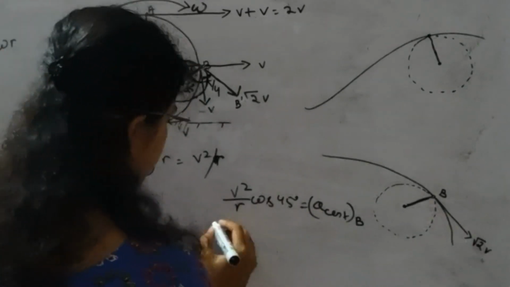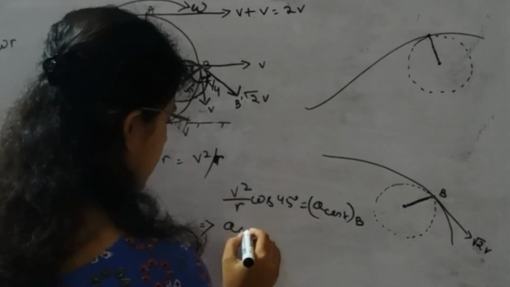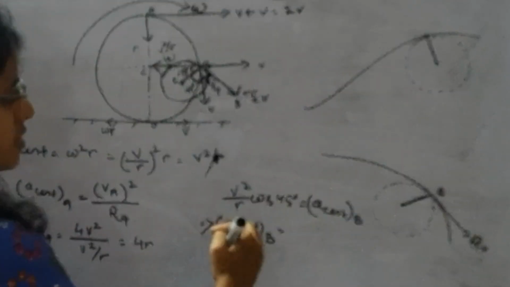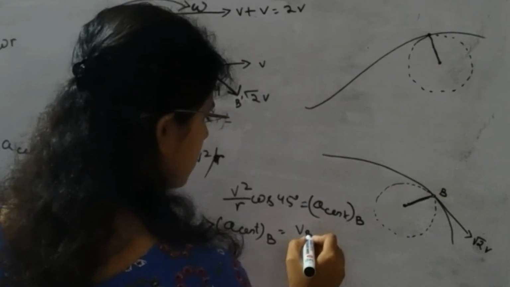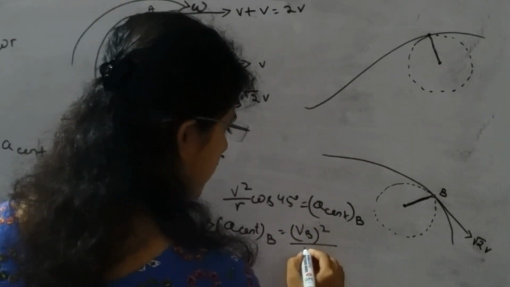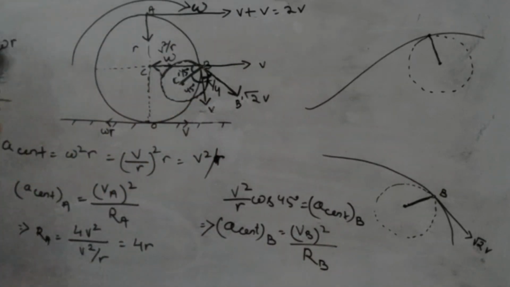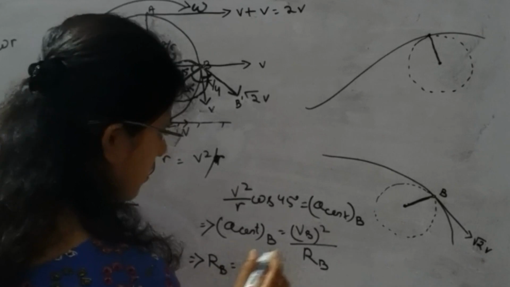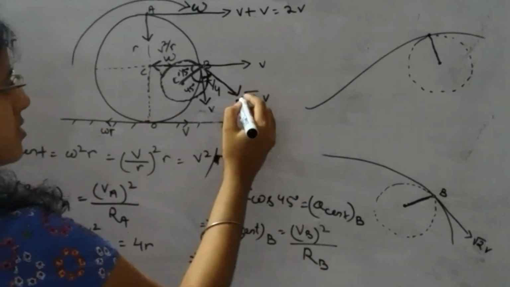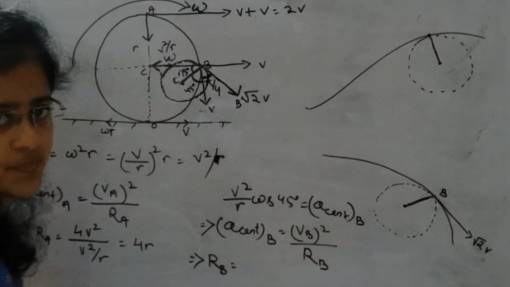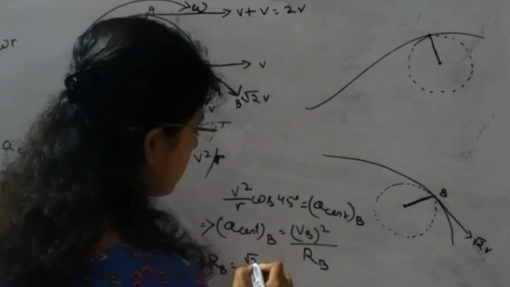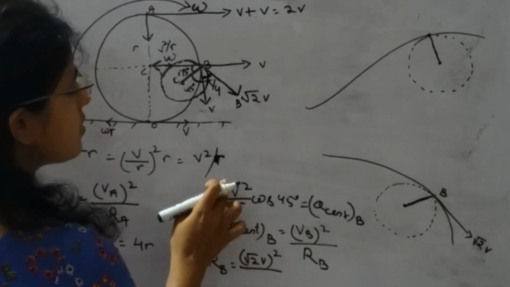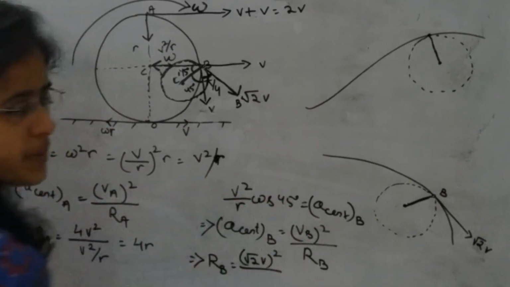Okay? So the centripetal acceleration of B, that is the acceleration toward the center of B, is v square divided by the radius of curvature. So R_B is how much now? V_B, the resultant velocity, is root 2 into v. So this is root 2 v whole square divided by the centripetal acceleration, which is v square divided by r, into cos 45 degrees.